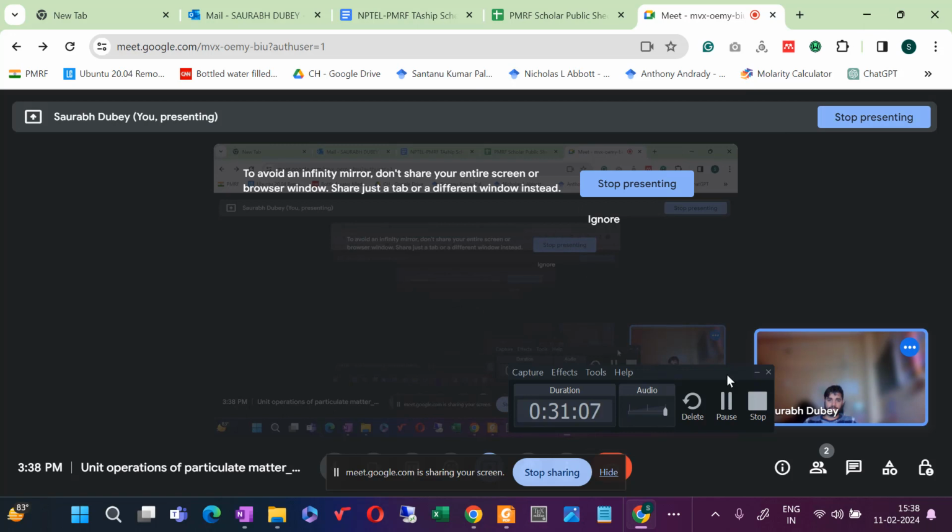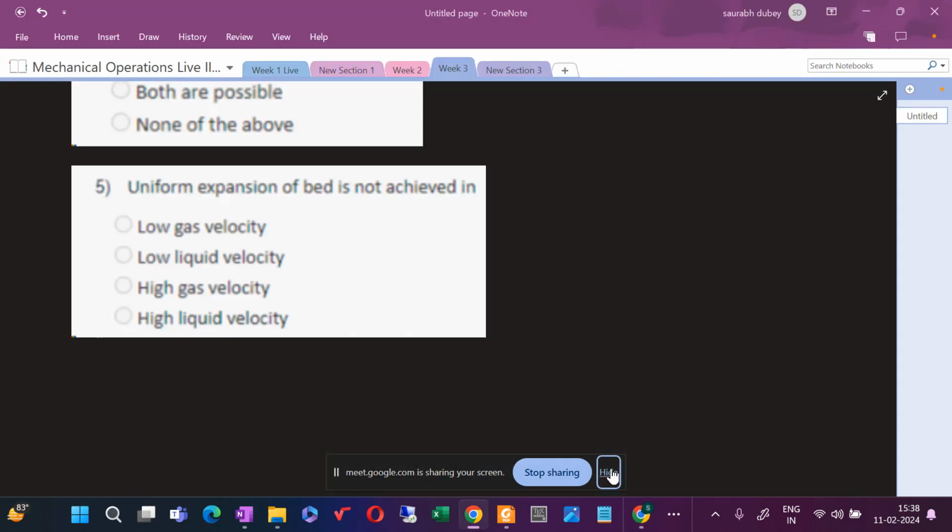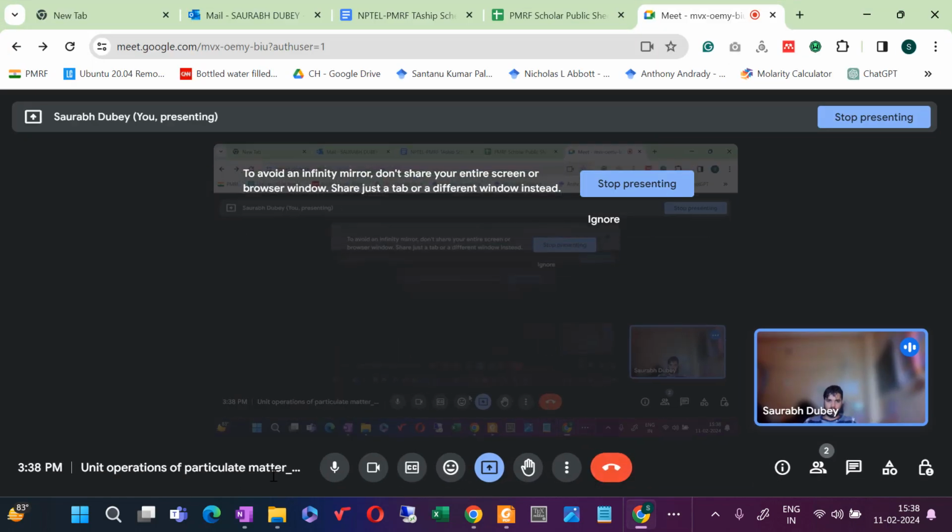And this explains that uniform expansion of the bed is not achieved in low gas velocity, high gas velocity, low liquid velocity, or high liquid velocity. So think about this.